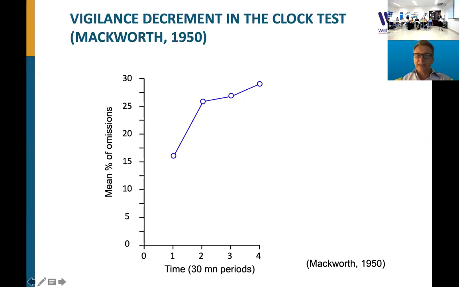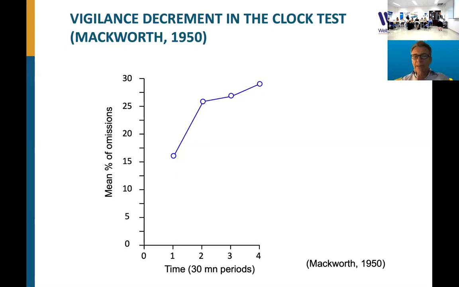And again, they did it in several situations with auditory signal, visual signal, and we always have a kind of breakdown after 30 minutes. And so it shows that our ability to be vigilant is probably no more than 30 minutes.